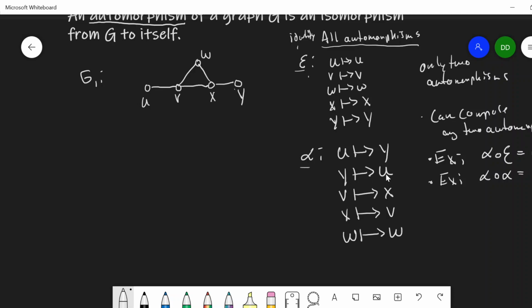I would send y to u, and then u gets sent to y, so y gets sent to y. And you can check for each one of these, right? V gets sent to x, x gets sent to v. W gets sent to w, w gets sent to w. You can check that this actually gives the identity automorphism when I compose alpha with itself. Of course, we can do epsilon with itself, but that's just going to give us the identity.